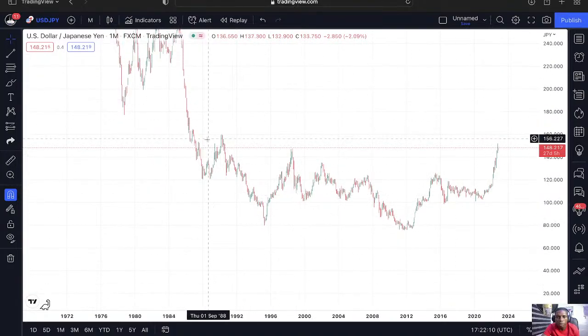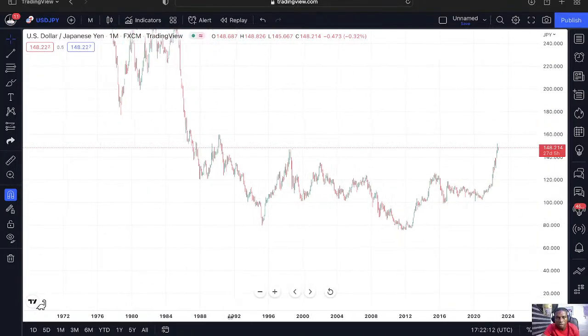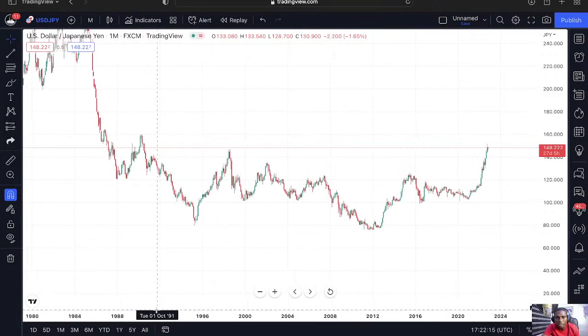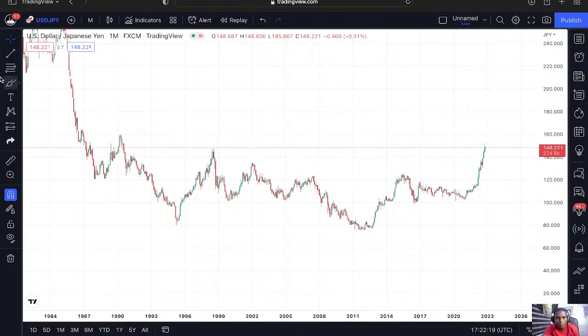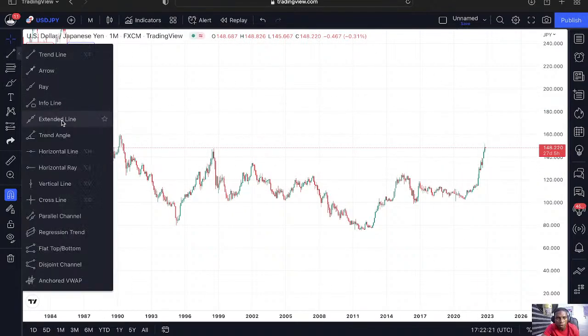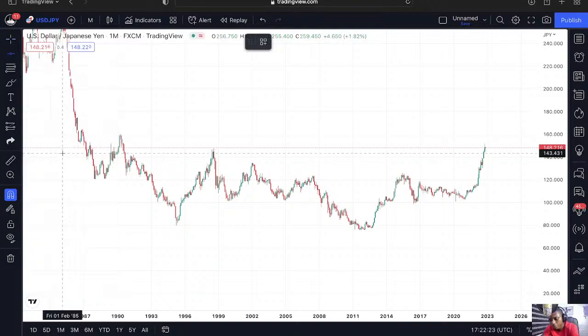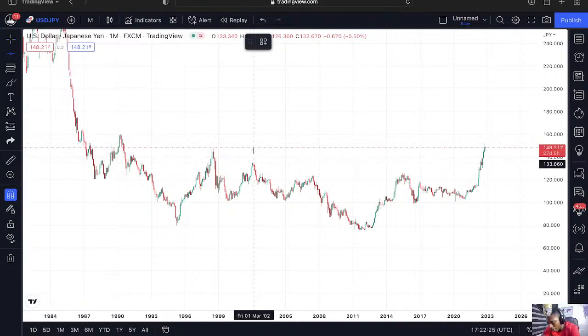Okay, so currently we see the USD JPY market. This is the monthly time frame.